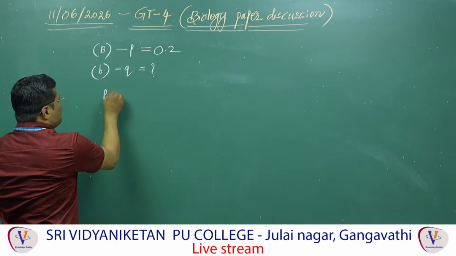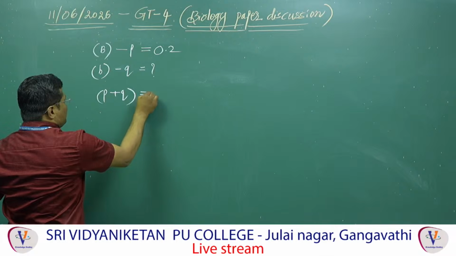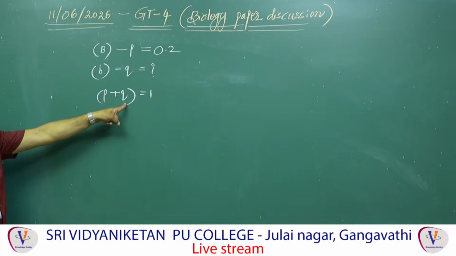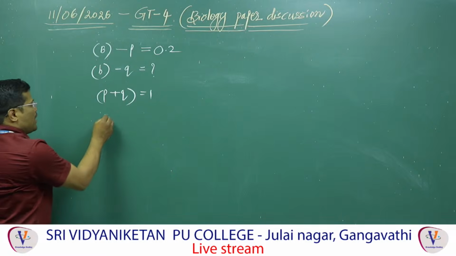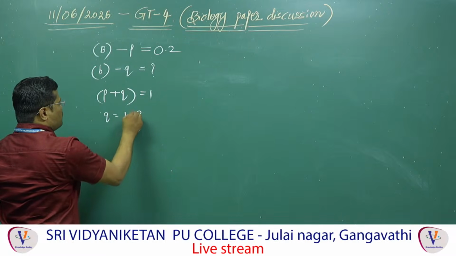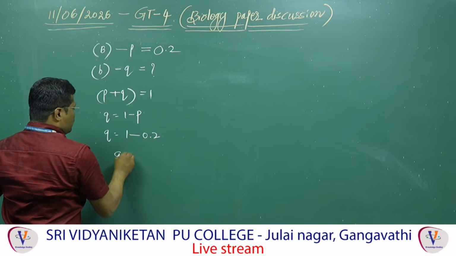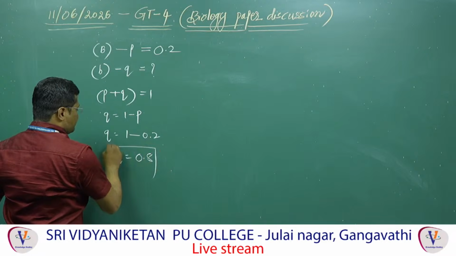As per Hardy-Weinberg equilibrium, P plus Q is equal to 1. Already we knew the value of P, so find out the value of Q. Q is equal to 1 minus P, so Q is equal to 1 minus 0.2. So Q is equal to 0.8.